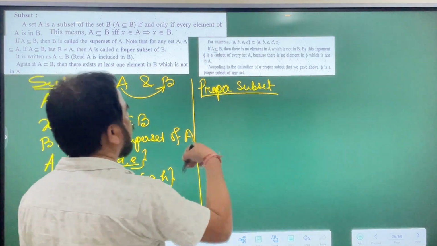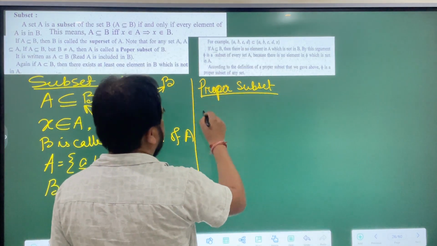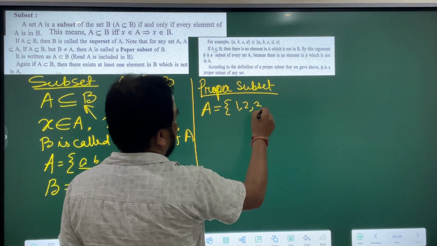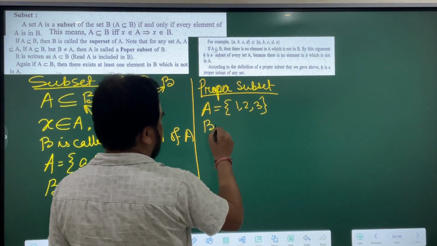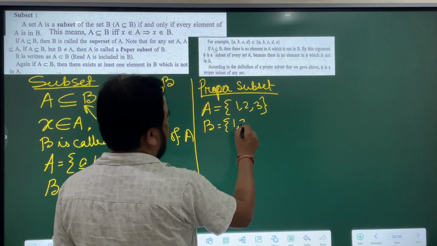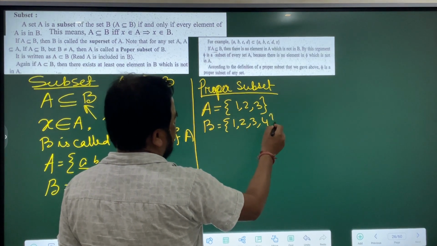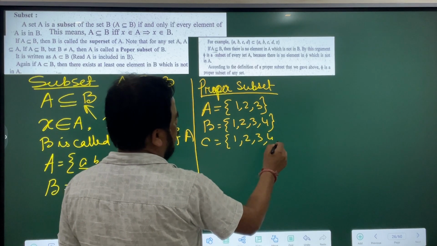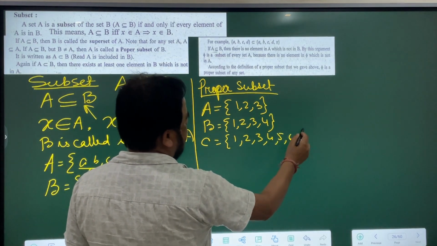For example, I will show you an example first. A is 1, 2, 3. B is 1, 2, 3, 4. C is 1, 2, 3, 4, 5, 6, 7.